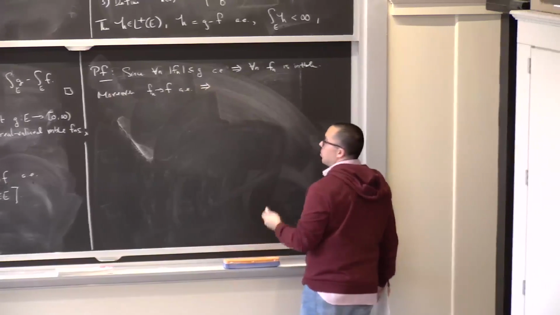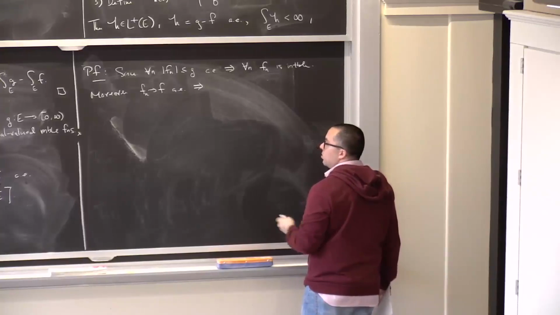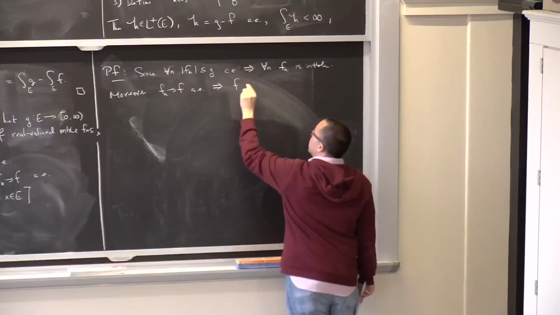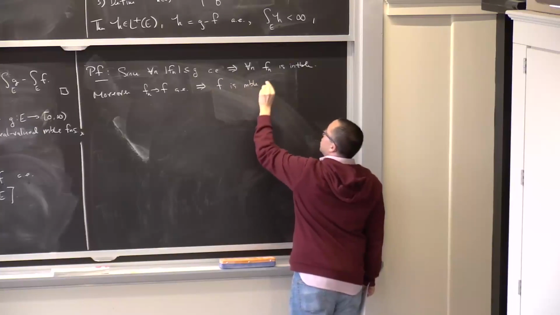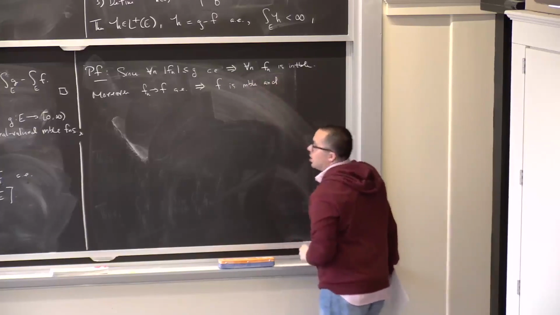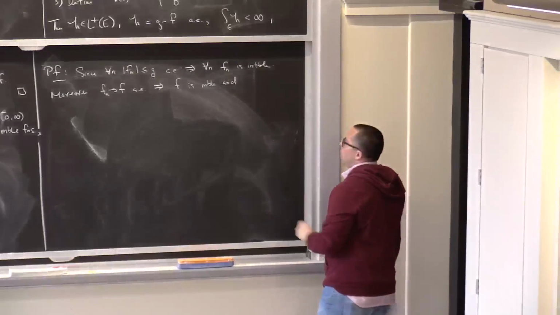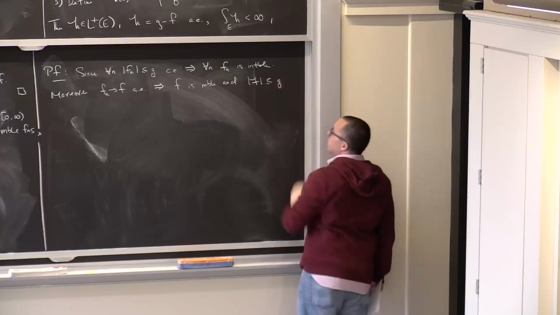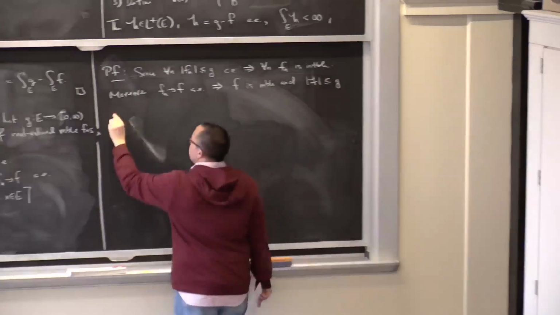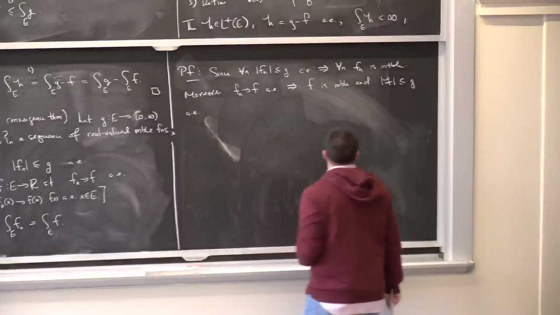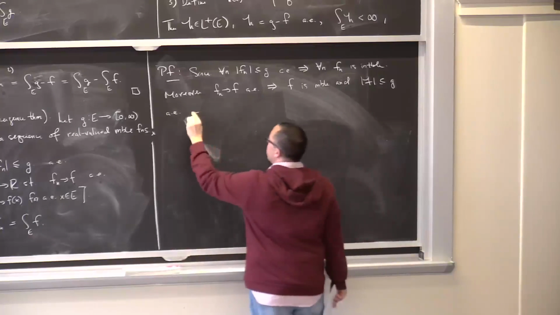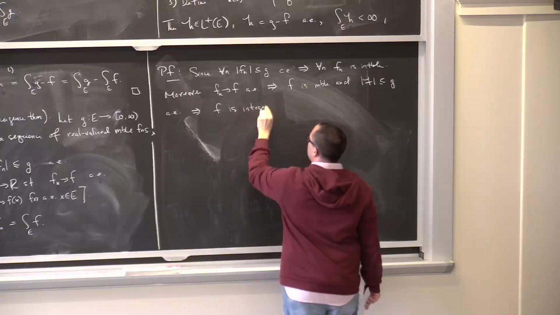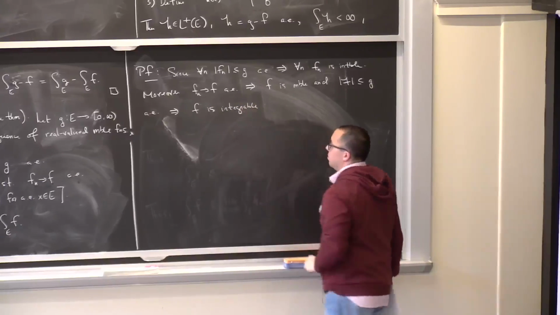Remember, the pointwise, even almost everywhere, limit of measurable functions is a measurable function, so F is measurable, and so F is less than or equal to G almost everywhere, which implies that F is integrable. Okay?